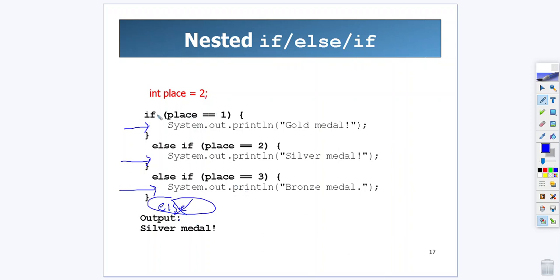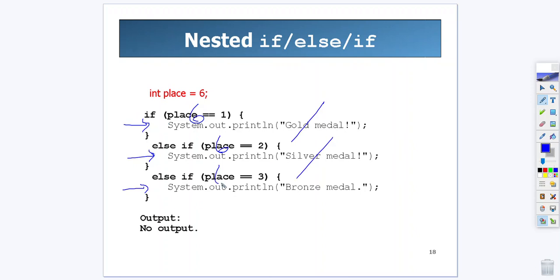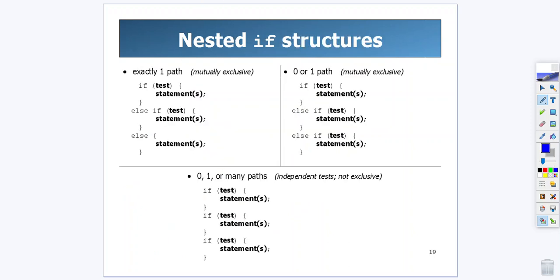So here, if my place is 2, I come here. Is 2 equal to 1? Nope. Is 2 equal to 2? Yep. Silver medal, I don't need to keep checking. Whereas if I have 6th place, I'm going to test, is 6 equal to 1? Nope. Is 6 equal to 2? Nope. Is 6 equal to 3? Nope. Well, I don't have anything else, so I'm not going to have any output.